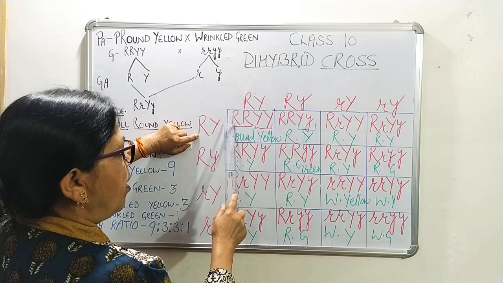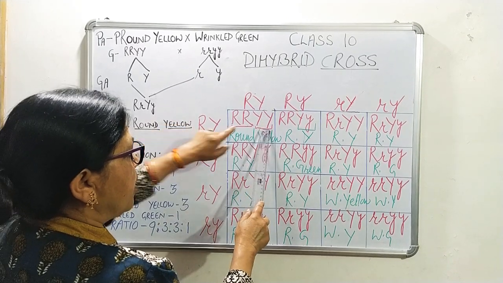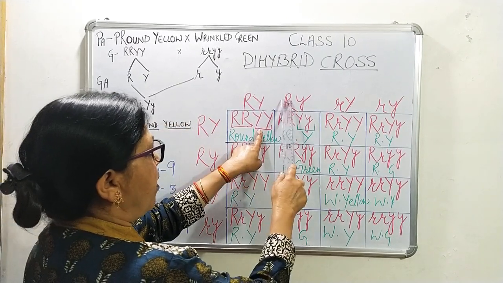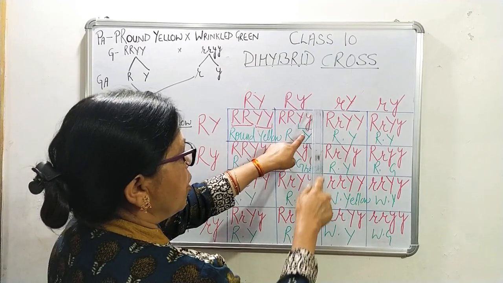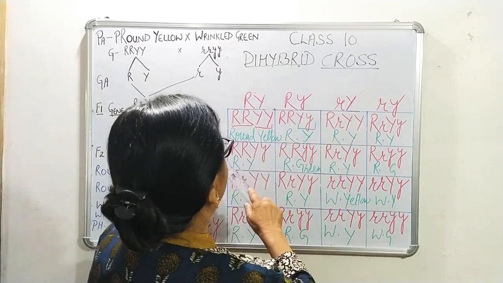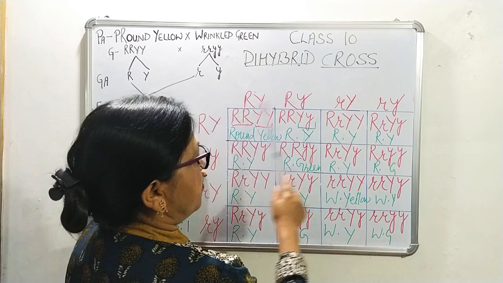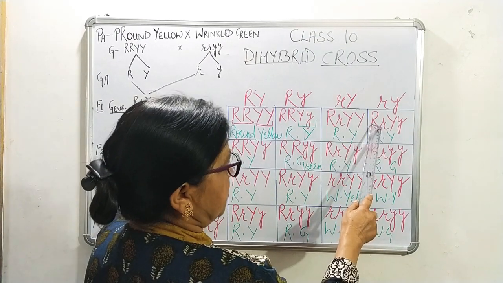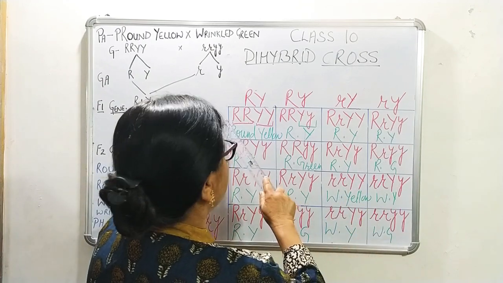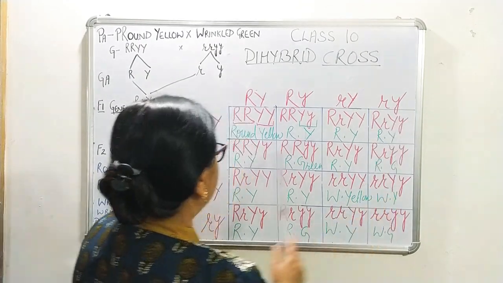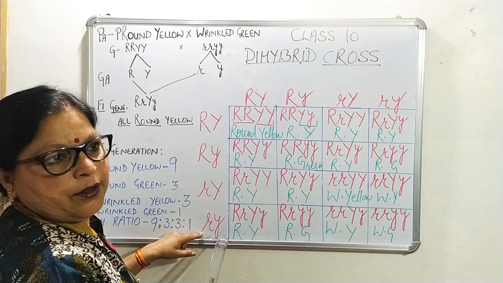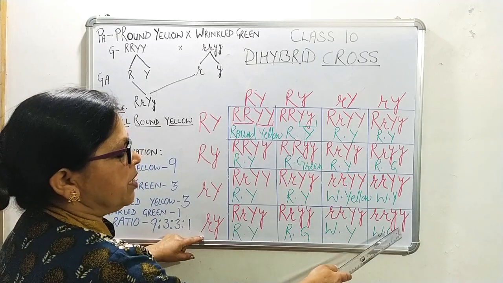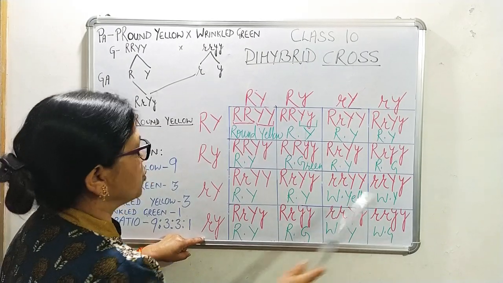So RRYY. Second is RRYy. Then RrYY, and capital R small r, capital Y and small y. And in this way you can cross all gametes till the last square.